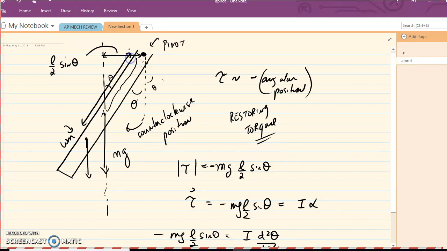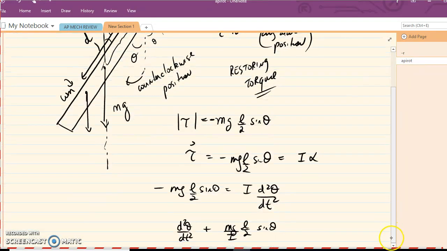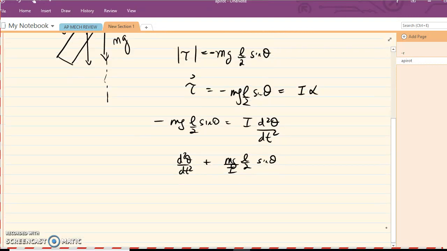In the initial case, that distance was L over 2, but that distance could be any distance given the position of the center of mass, depending on the parameters of the rod. That being said, we'll just relabel L over 2 as the variable d. And from here on out, when you see the expression written this way, mgd over I, we think of d as the distance between the pivot and the center of mass of the object.